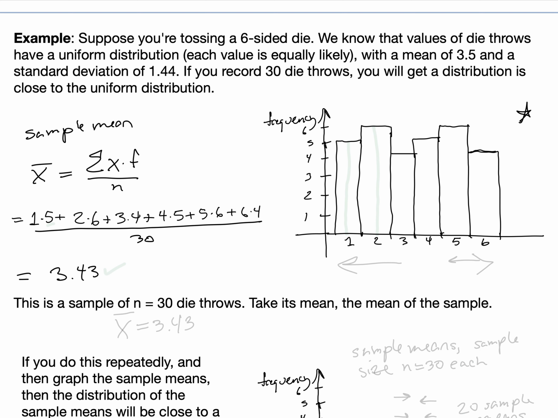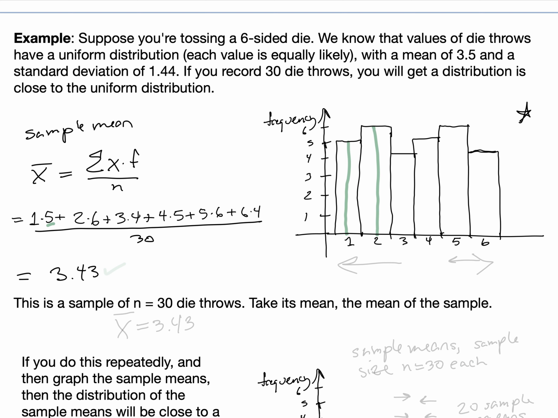Then we can take the sample mean of this data. So we've got the die rolled a 1 5 times. There were 5 1s. There were 6 2s, and so on. So we can find the sample mean for this. It's each data value times the frequency of that data value divided by the number of data values, 30.